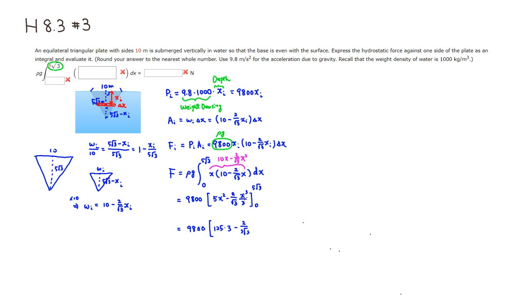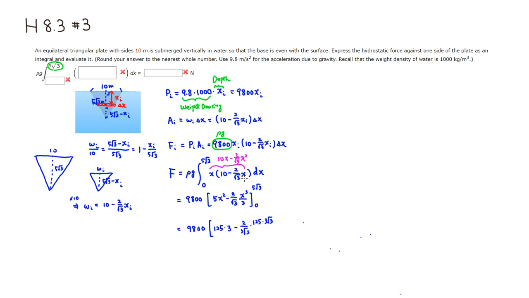Then we have 5 square root of 3 cubed. So it's going to be 125 times 3 times square root of 3, because you cube square root of 3.